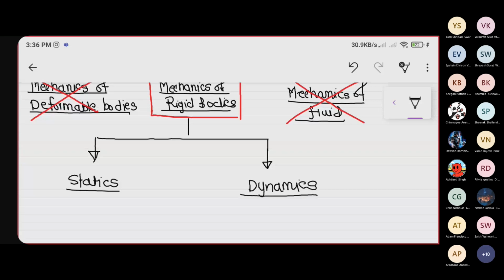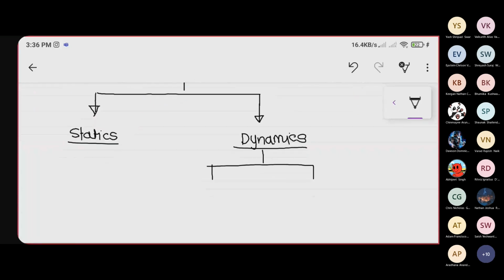Again, dynamics is subclassified into kinematics and kinetics.